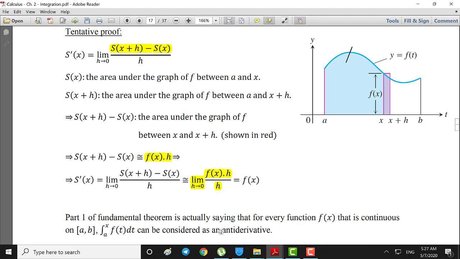That is, the integration from a to x of f of t dt is an antiderivative for f because its derivative according to the theorem is equal to f.